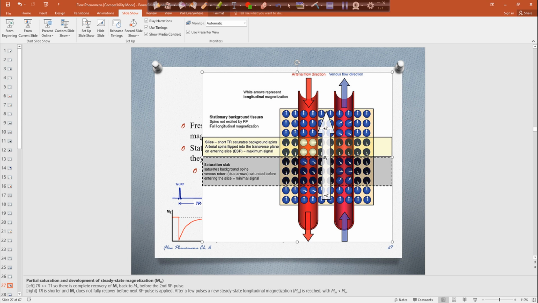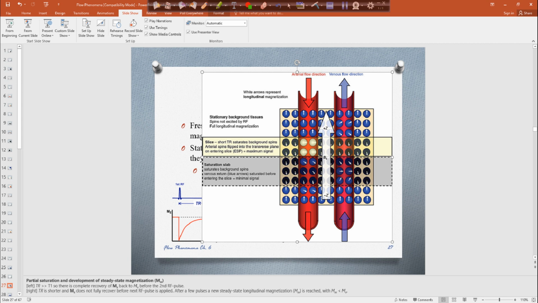This area right here has received multiple RF pulses already. So you can see here how that net magnetic vector has gone from pointing north to completely pointing south. So it's been fully saturated. But then your flowing nuclei haven't received those repeated RF pulses, so it receives that first excitation pulse, so it goes 90. Remember, 90 is good. We want 90 because that's where our transverse plane is. And then it's going to create a high signal within that slice. Okay?